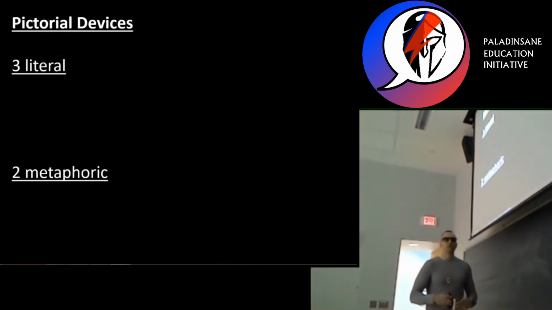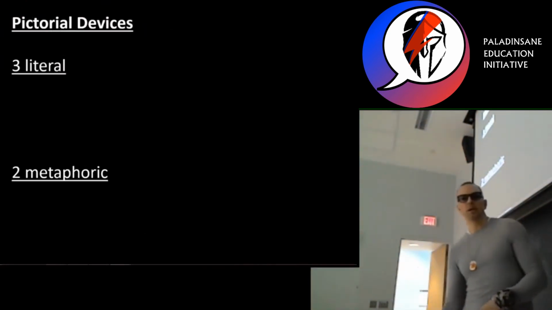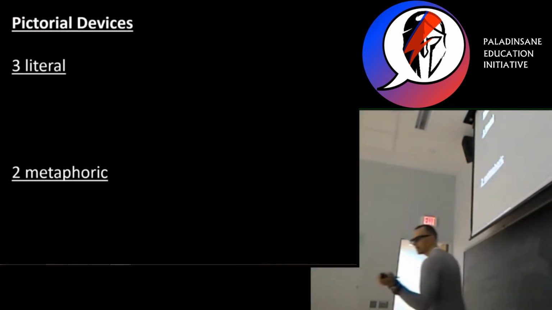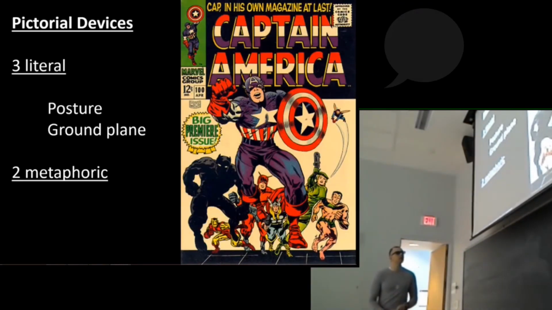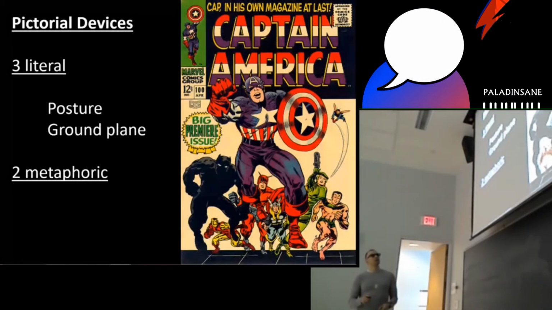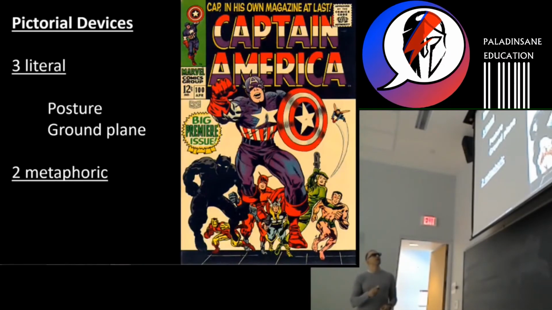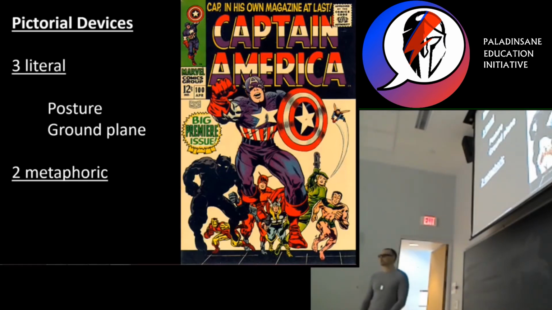All right, so just to give you some examples, for this image of Captain America running, we have two literal devices. One, we have posture, the position of the arms and the legs. Two, we have the ground plane; we have him clearly off of the ground here. We did not code forward lean for this one.